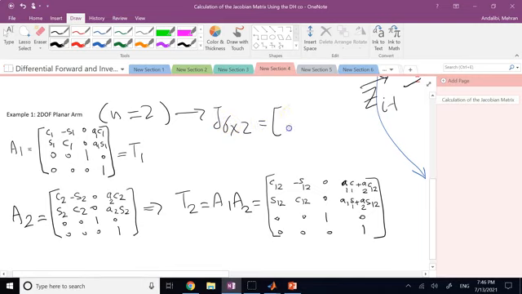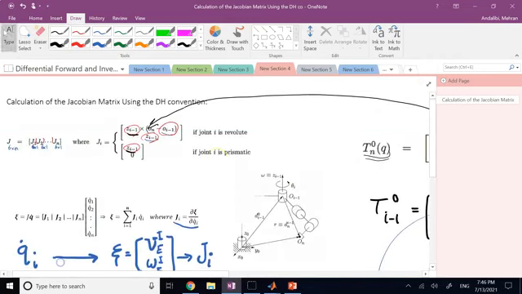Well, clearly here we consider it to be column 1 and column 2, where each column is a 6 by 1. Now, how do I get these columns? Well, we use the formulas that we have here. Both of the joints for this robot are revolute, so for both of them I have to use this formula, the top one.